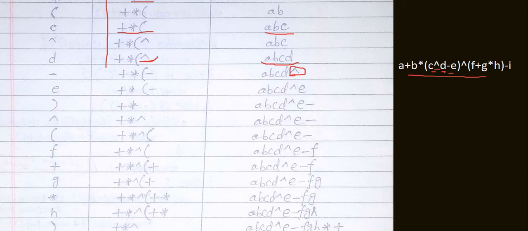Now after the minus there is the operand e, and you know that an operand is simply concatenated with the output expression.